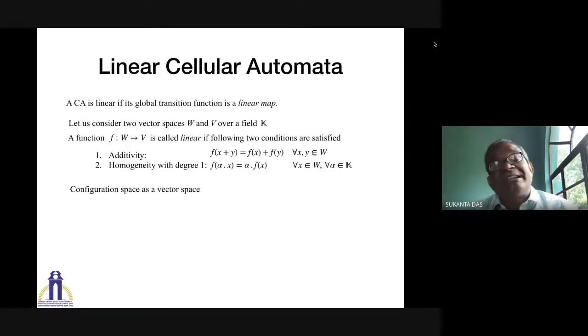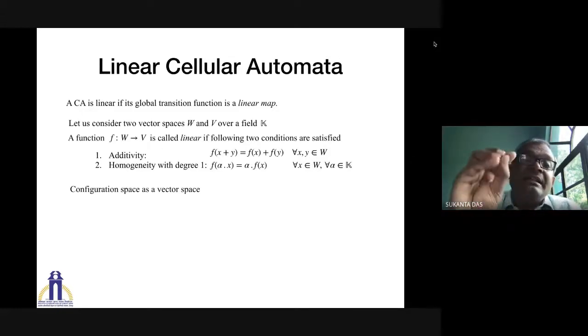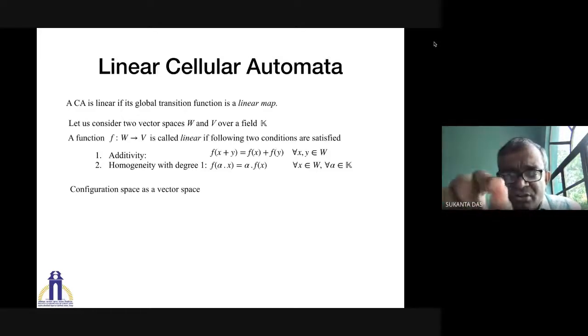You have the state set, and the configuration space is a vector space over S, the state set. If these two conditions are satisfied by the global transition function capital G, then the CA is called a linear CA.